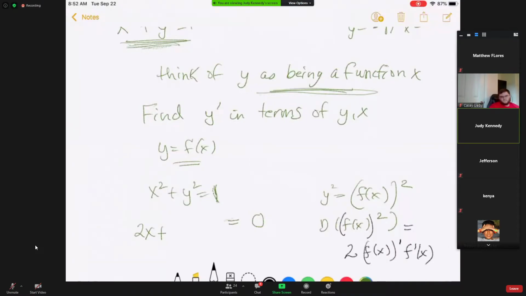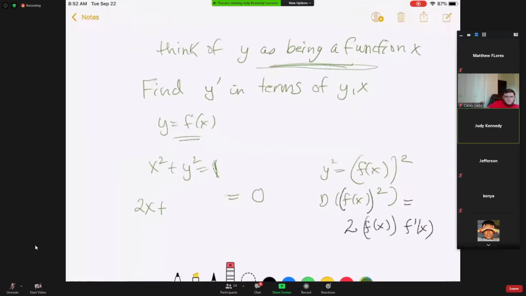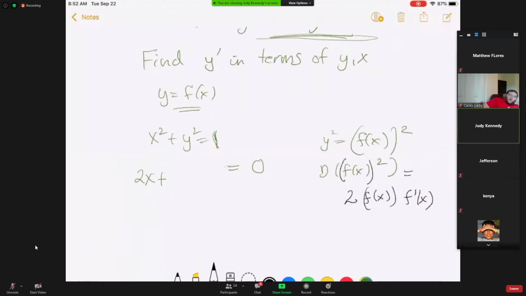It's 2 times f of x raised to the first power times the derivative of f of x. And that's 2y prime, because y is a function of x.